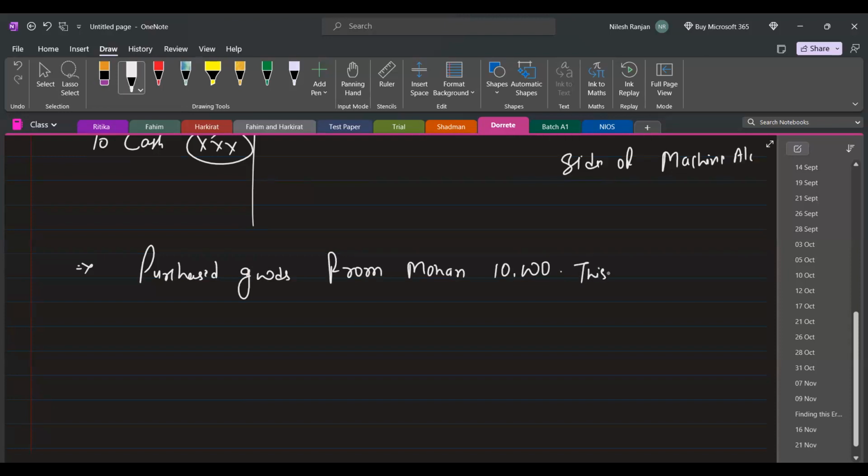This entry is posted in Mohan account, but omitted or forgot to post in purchase account.